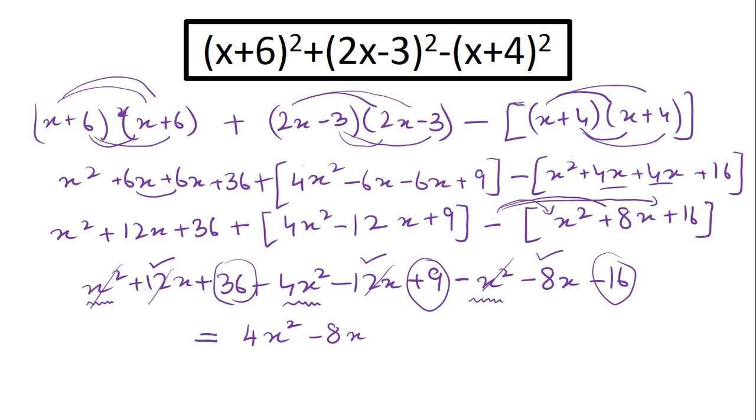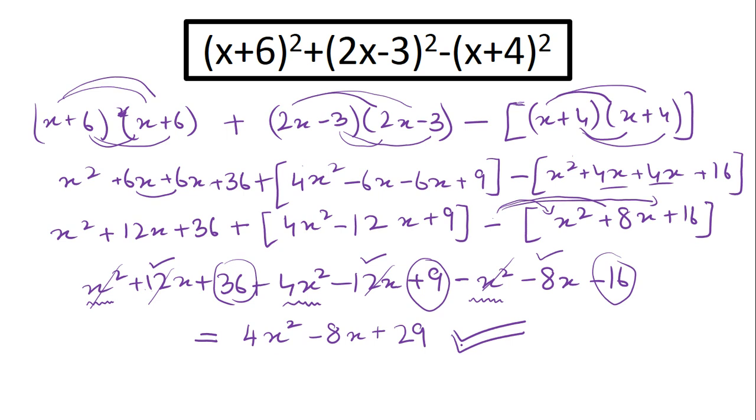Because 36 is a bigger number and positive, I end up with a positive answer. Or you can do the other way around, 36 minus 16 would give me 20, and then 20 plus 9 would again give me 29. So this is my final answer, 4x squared minus 8x plus 29.